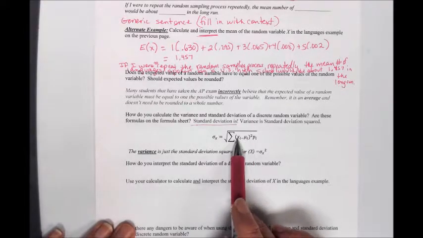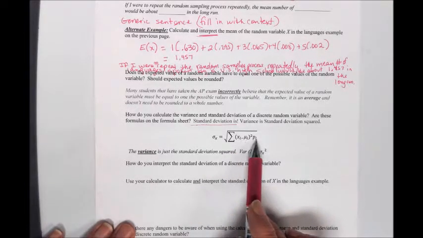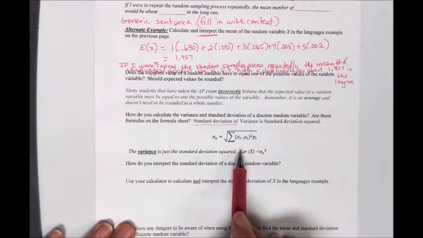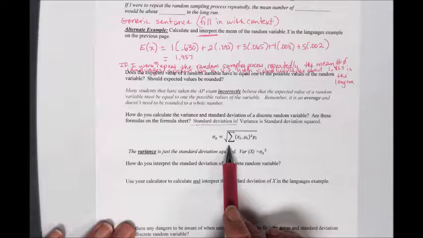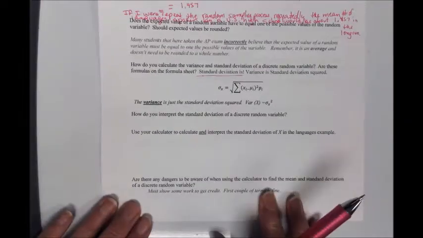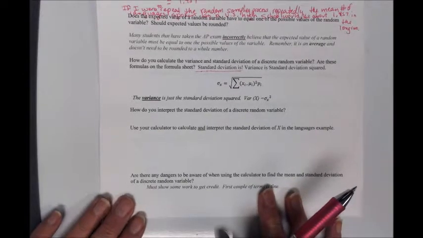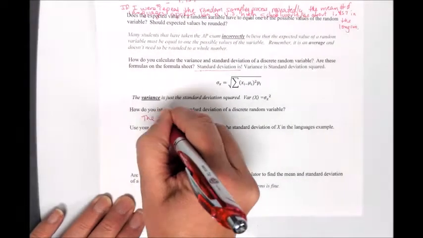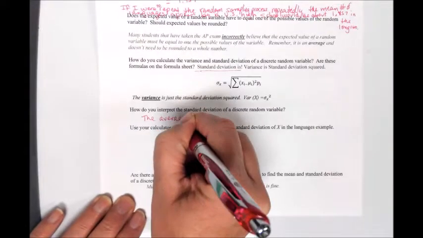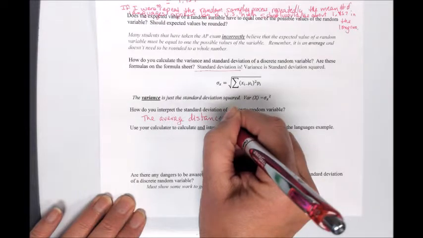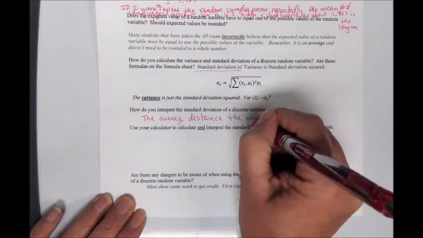So we're going to subtract those, square it and multiply by the probability, and then take the square root of the whole thing. If I don't take the square root, then I have my variance, and we'll talk about that later on, why we need variances also. So again, how do we interpret it? It's the average distance the individual outcomes are from the mean.